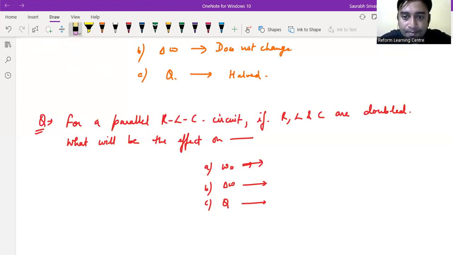Omega naught is again 1 by under root LC for parallel circuit also. It will be half. Delta omega will be 1 by 4 times. Quality factor Q will be double.